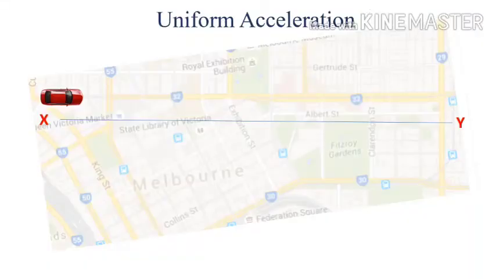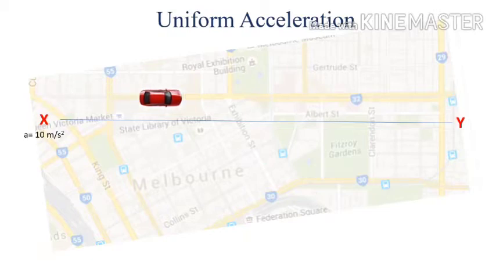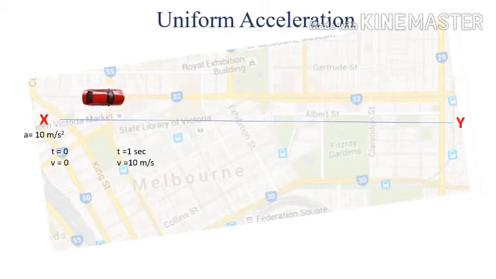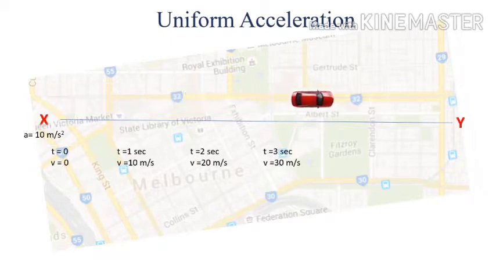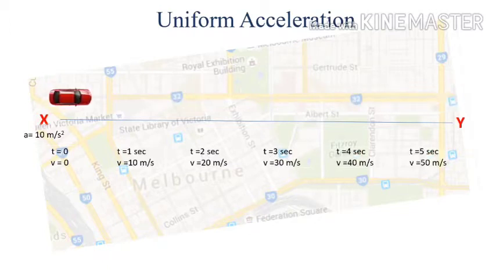Here we can see a car is accelerating, that is why the speed will keep increasing from x to y. Suppose acceleration is 10 meters per second squared, initially velocity is 0. After 1 second, velocity will become 10 meters per second. After 2 seconds, velocity will become 20 meters per second, and so on.